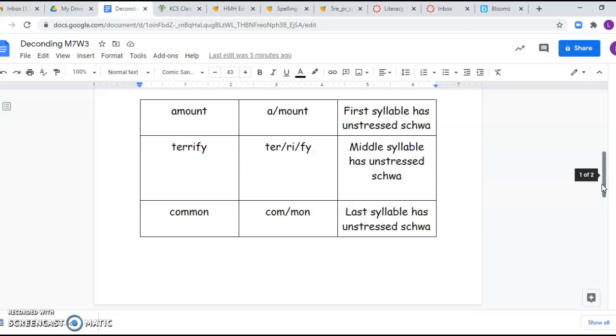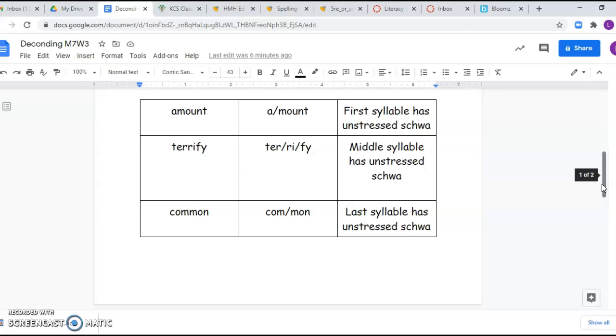When you're thinking about determining stressed or unstressed syllables, it's by pronouncing the word in several different ways. Sometimes you have to say things over and over to really almost stretch out your words so you can really hear where it is stressed or unstressed. And this week, let's remember, we're talking about unstressed syllables, and they include that schwa sound.